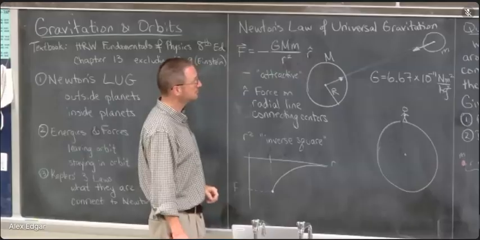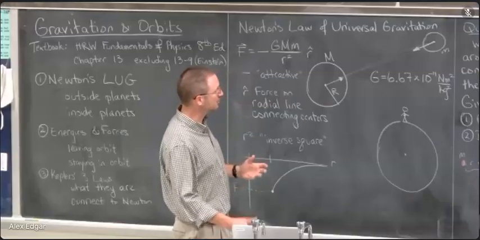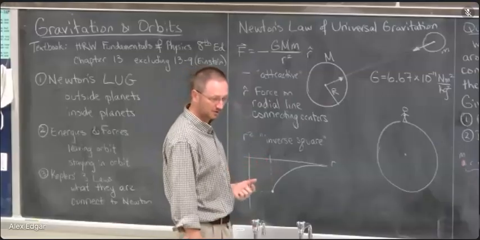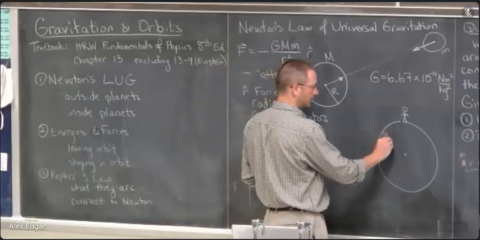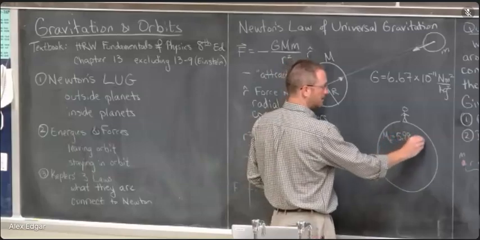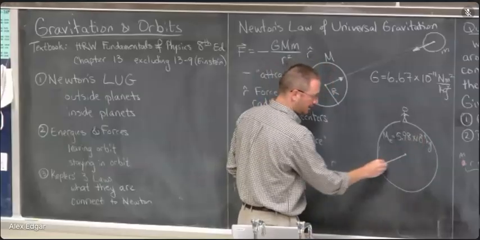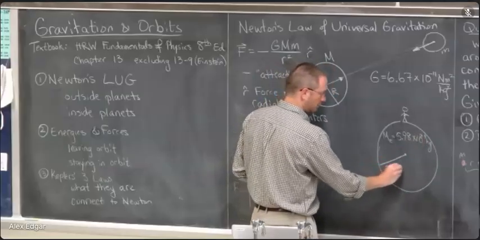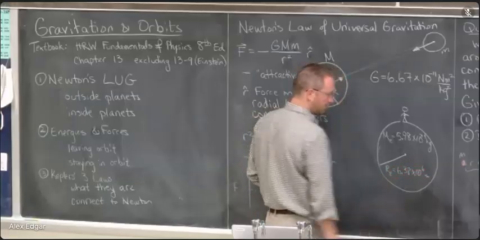If we were to take big G, which is the constant of this universe, as far as we can tell everywhere in the universe, the mass of the planet that we're standing on, now the mass of Earth is approximately 5.98 times 10 to the 24th kilograms, and the radius of the Earth, which is approximately 6.38 times 10 to the 6th meters.